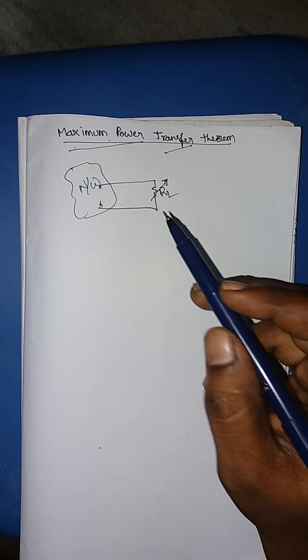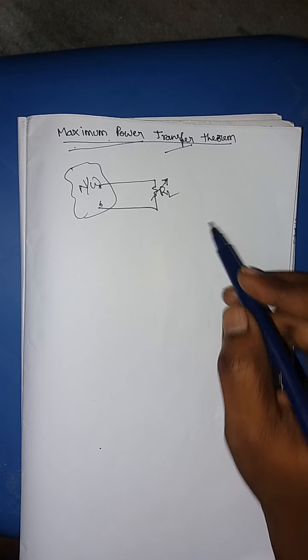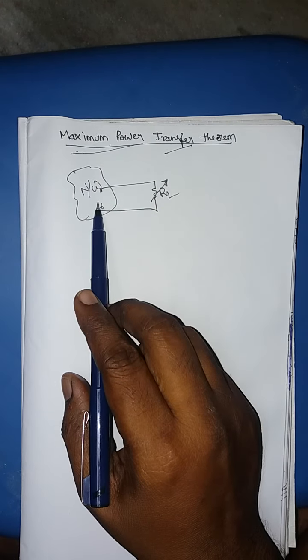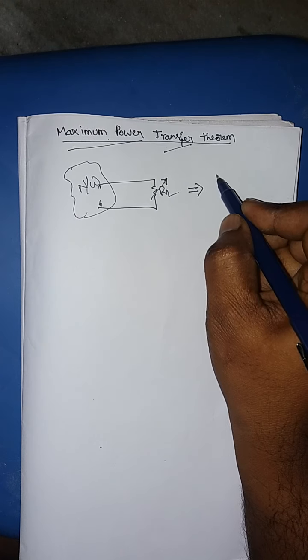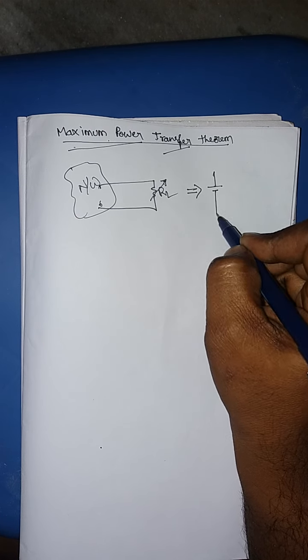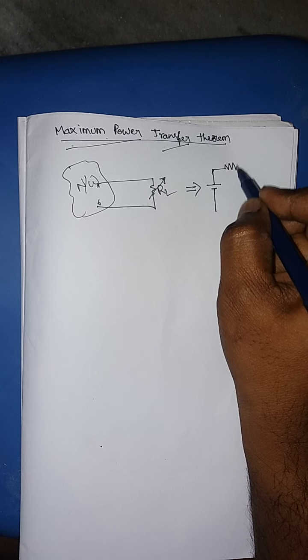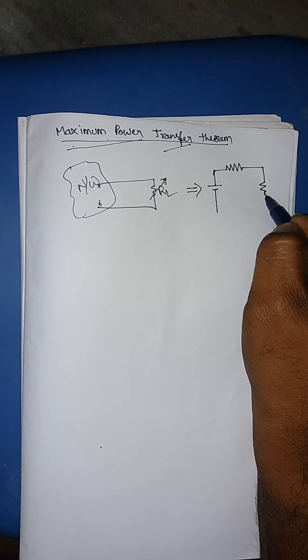Now how do I apply it? Before applying the theorem, I must transform this network to the Thevenin's equivalent circuit, that is a single voltage source connected in series with a single resistance across the load, like this.